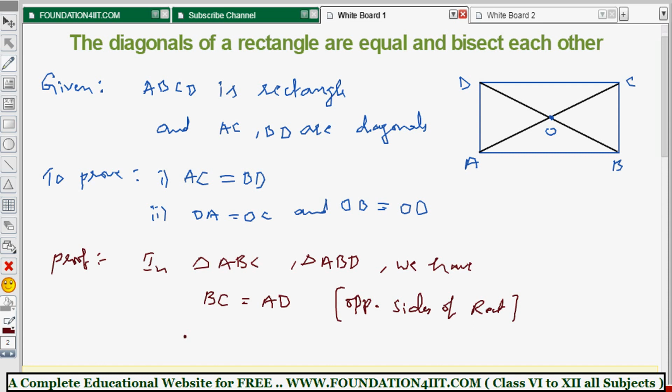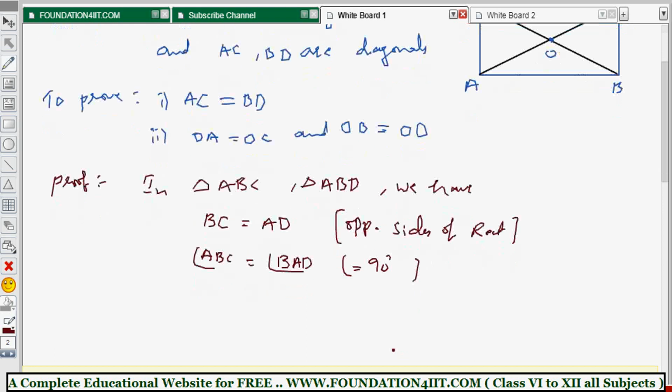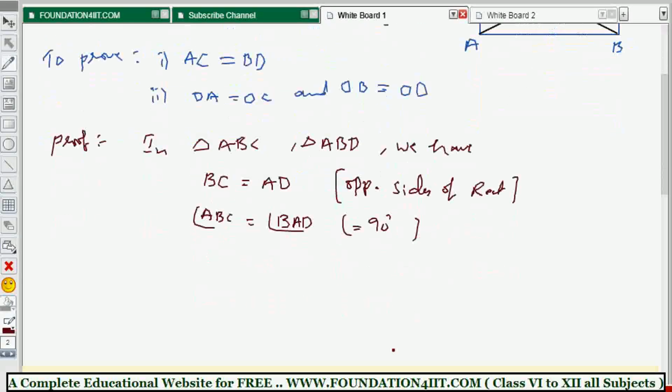And angle B and angle A also: angle ABC equals angle BAD. These two are equal because each angle is equal to 90 degrees. And there is one common side also. AB is the common side for both triangles, so AB equals BA.